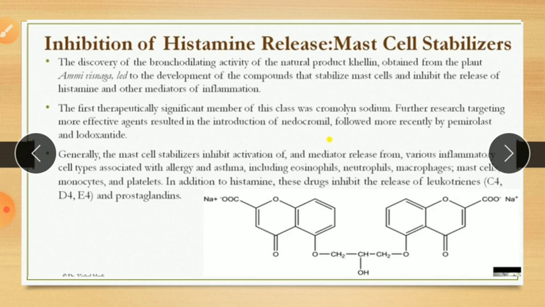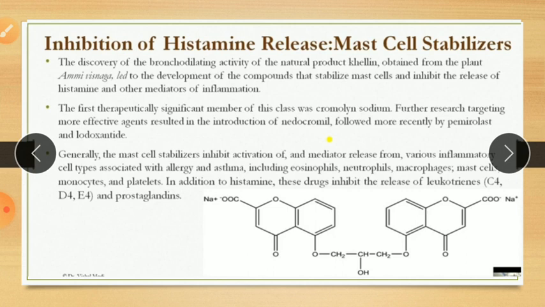The discovery of the bronchodilating activity of the natural product khellin, obtained from the plant Ammi visnaga, led to the development of compounds that stabilize mast cells and inhibit the release of histamine and other mediators of inflammation.